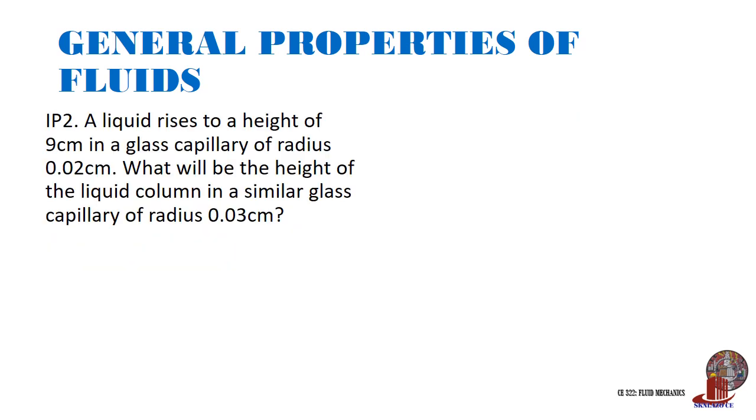Checking on our second example, a liquid rises to a height of 9 centimeters in a glass capillary of radius 0.02 centimeters. What will be the height of the liquid column in a similar glass capillary of radius 0.03 centimeters? For our comparison of glass tubes, it would be best if we are going to use Jurin's law. We said that Jurin's law states H times R is equal to constant, wherein H1 times R1 should be equal to H2 times R2.